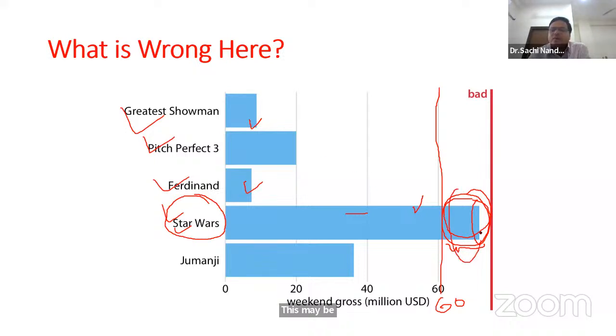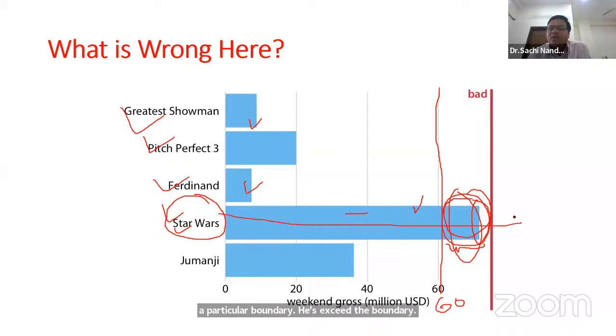But this I cannot predict. That means it is greater than 60. What does greater than 60 mean? Maybe 70, maybe 80, maybe 100, maybe 1000, maybe 2000. I don't know. So here, the moment you put the value, it exceeds the boundary. Star Wars exceeds the boundary. So the boundary should be at a particular level, like 100. Hope everybody is clear, understood, right?